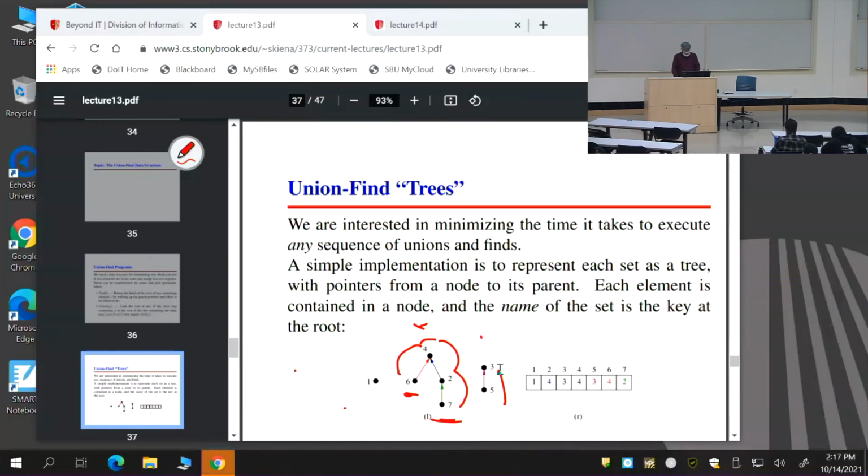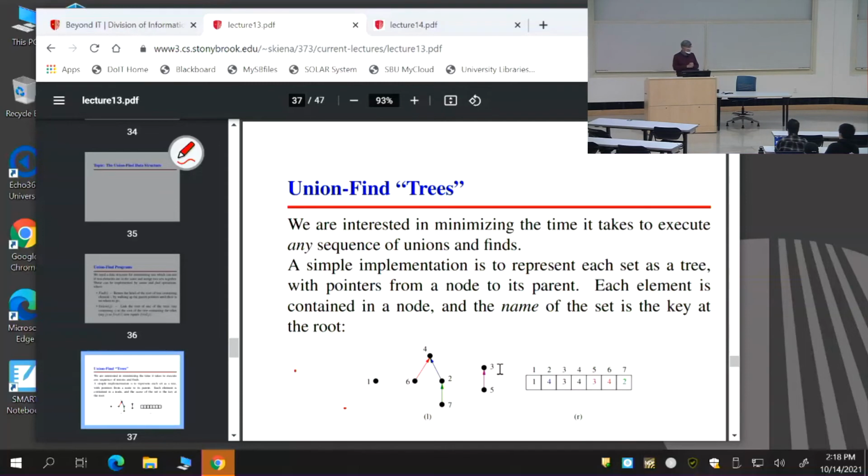What is the running time of that test going to be? What is the running time of finding out what my root is? I'm hearing log of n.